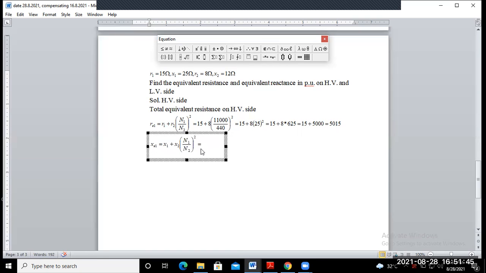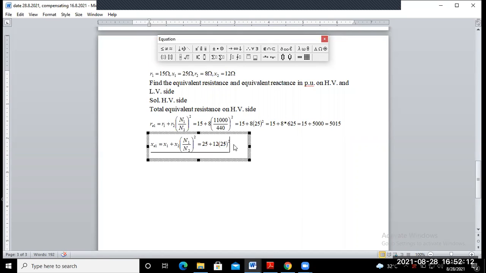X1 equal to 25 plus X2 equal to 12 into the same value, 25 whole square.